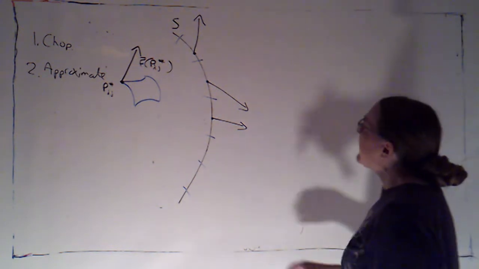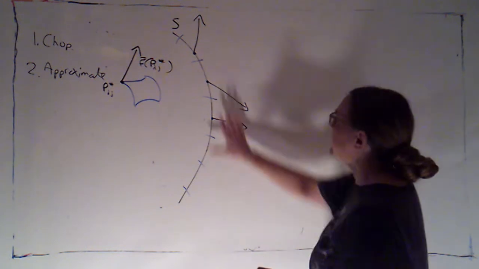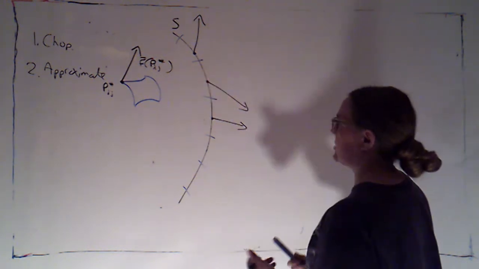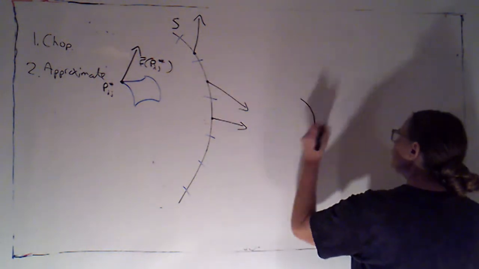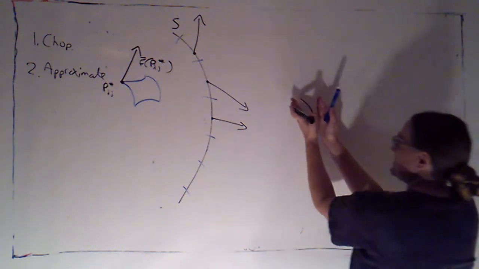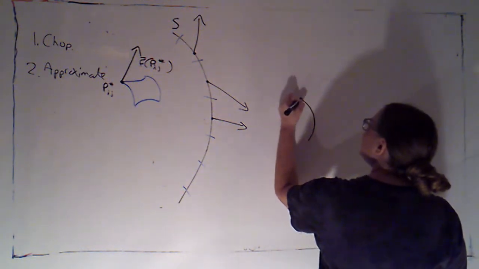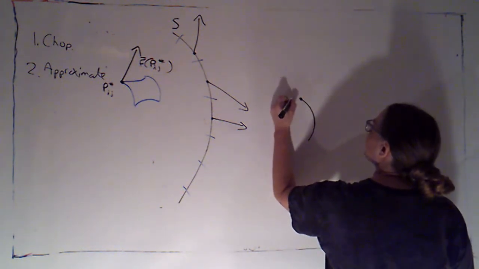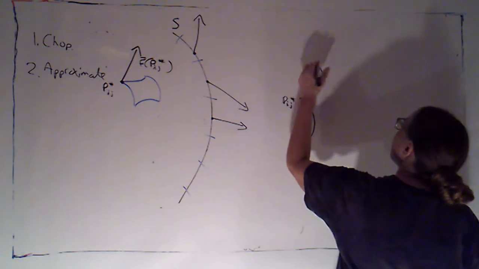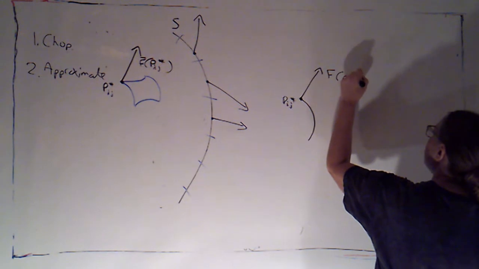Okay. Now, I want to try to calculate what's actually flowing through this surface. And I think it's actually easier to see that if I look at this representation. So, looking at this, if this was my little patch of surface, just imagining that it's coming out towards us, and this was my Pij star, and this was my F of Pij star.